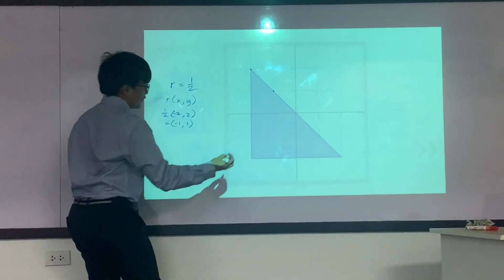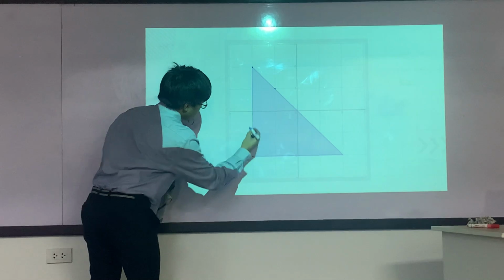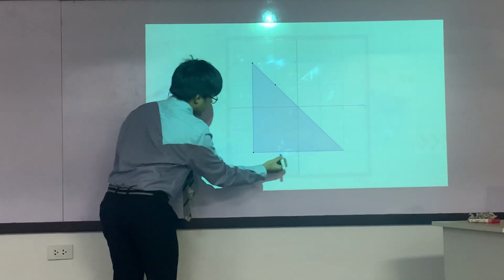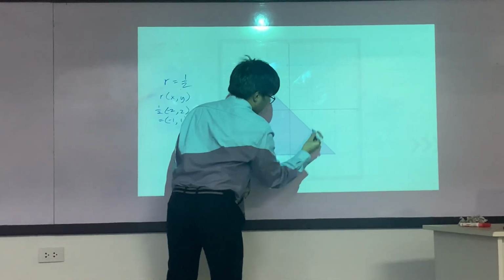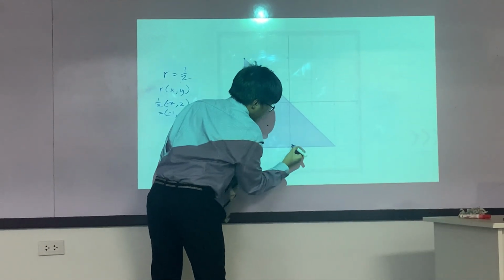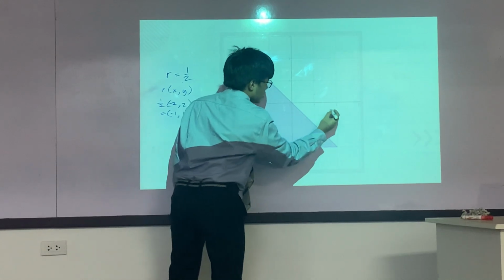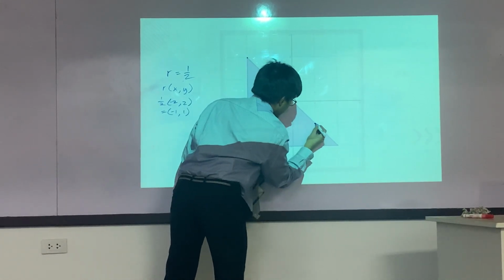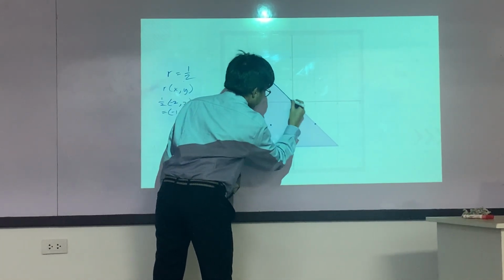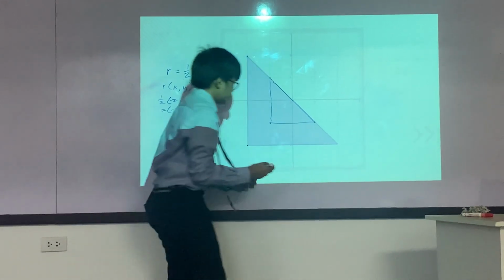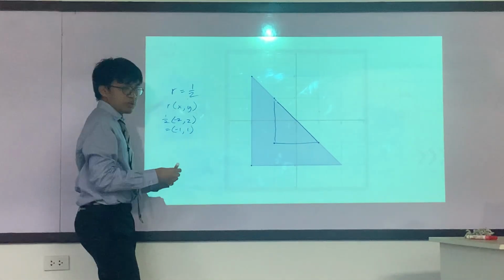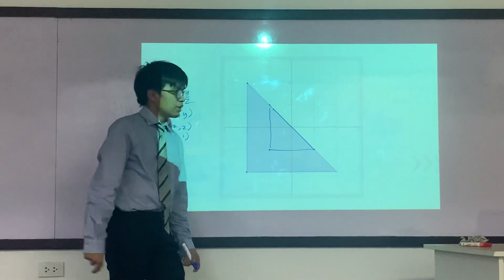And do it everywhere else for every point, -2 and -2, and 2 and -2, which will be here. And that is how you reduce a shape or shrink a shape down.